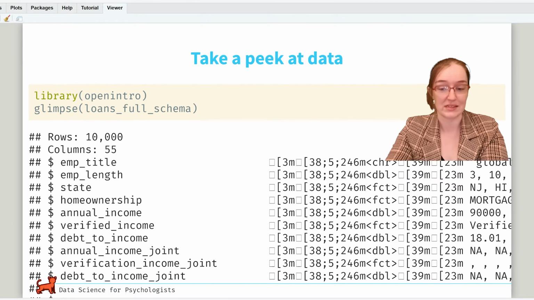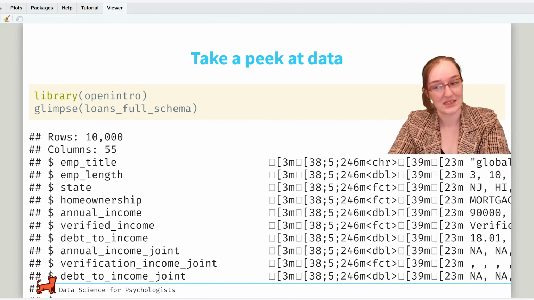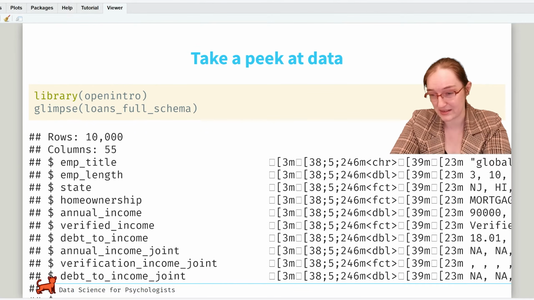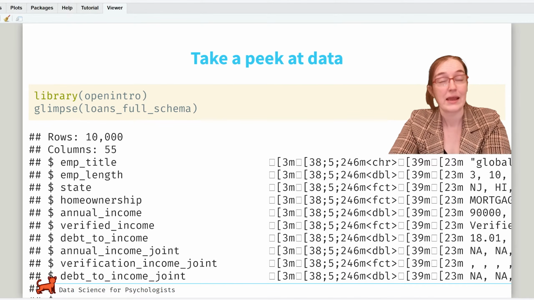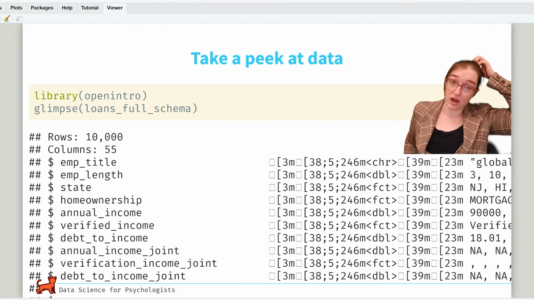Okay, so let's take a glimpse. I apologize if some of the formatting is off. I don't know why, and there's nothing I can do about it right now. This data is from the OpenIntro library. From a glimpse, we can see that there are 55 columns and 100,000 rows. Obviously I don't expect you to look at every single data point in its raw form.